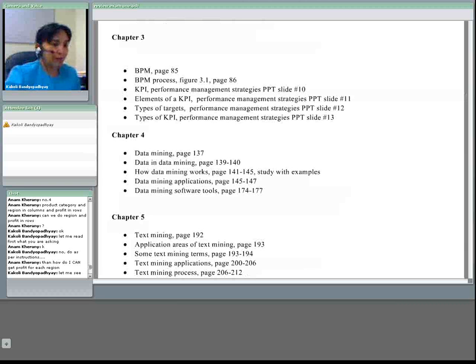Chapter 4. Chapter 4 is on data mining. You need to know what is data mining. Okay, so data mining is the process of analyzing data to extract information not offered by the raw data alone.